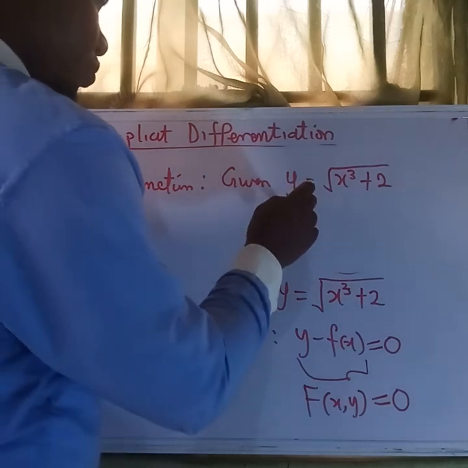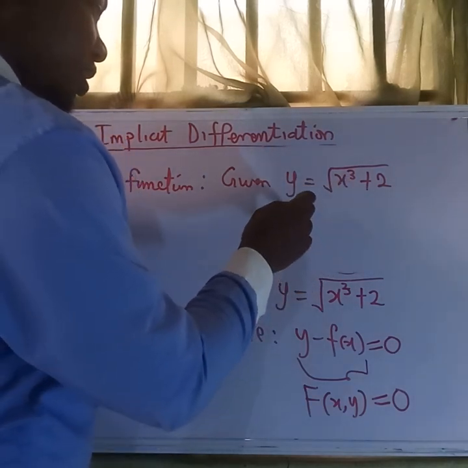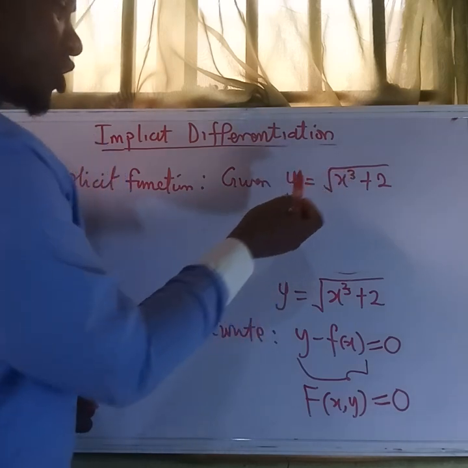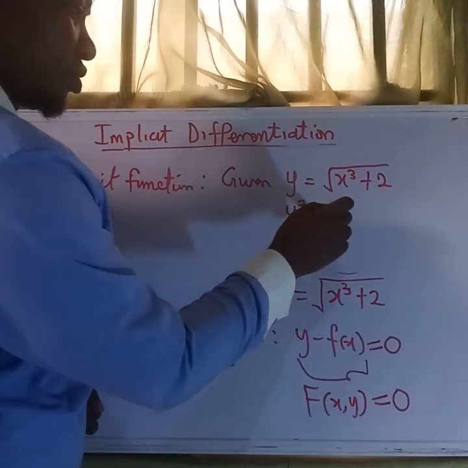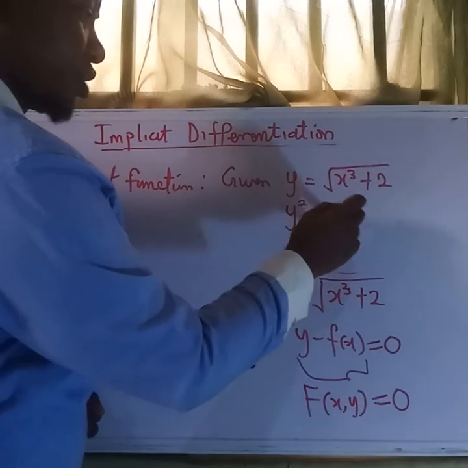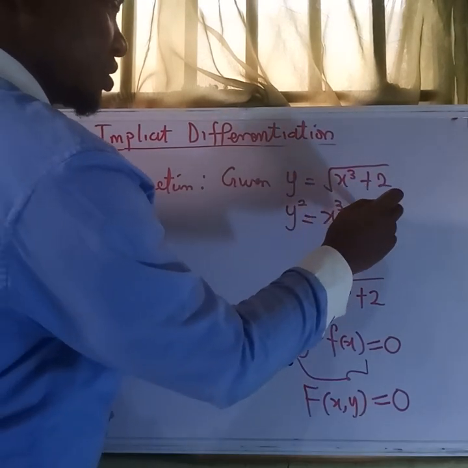So we want to mix both x and y together. How do we mix this? Let us first of all take the square of both sides, removing the square root so that we have this.